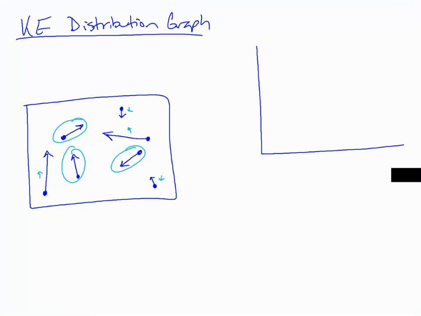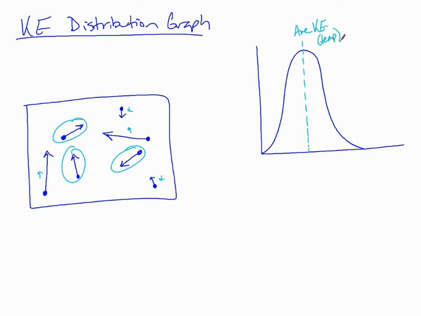So when we look at this in terms of a kinetic energy graph, it's a normal distribution. So if this is the normal distribution, here's the average kinetic energy, which is the temperature.